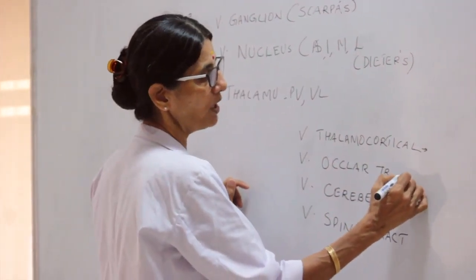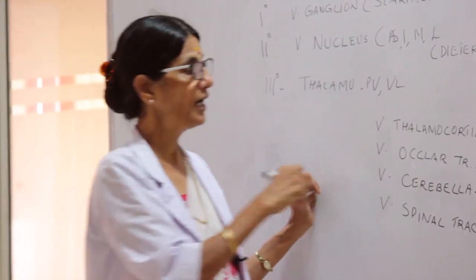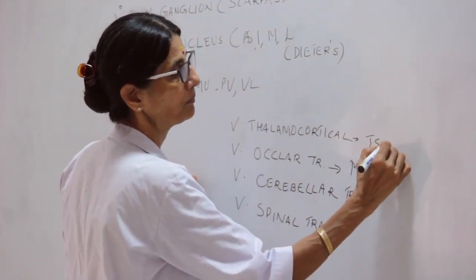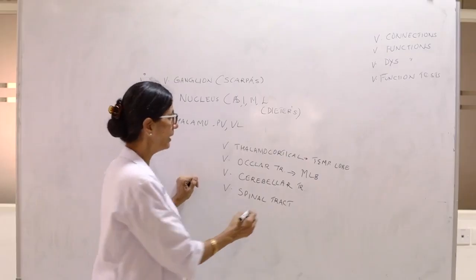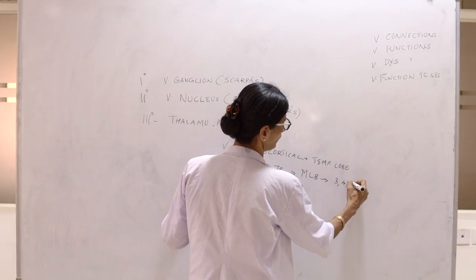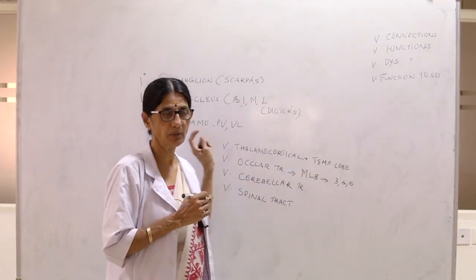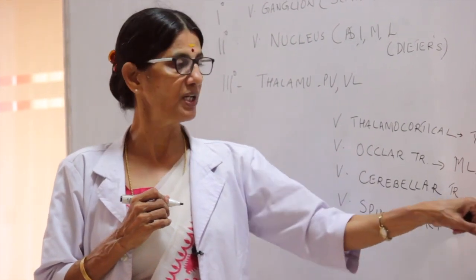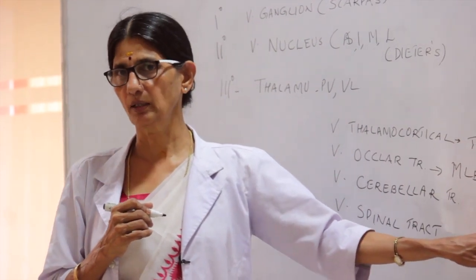Now coming to the vestibulo-ocular tract, this ascends up from the vestibular nuclei along the medial longitudinal bundle, and it synapses with the motor nuclei of the third, fourth and sixth cranial nerves at this level.